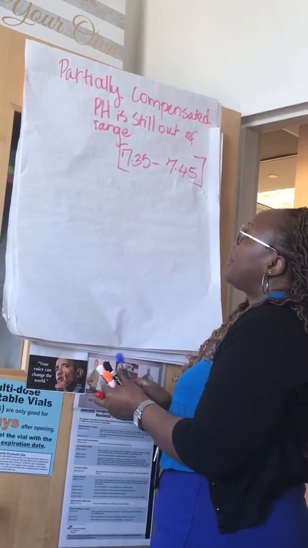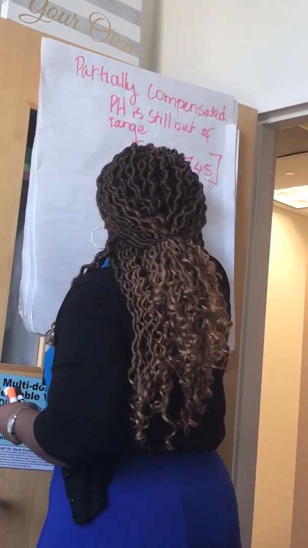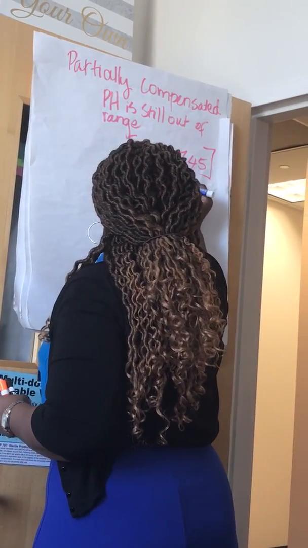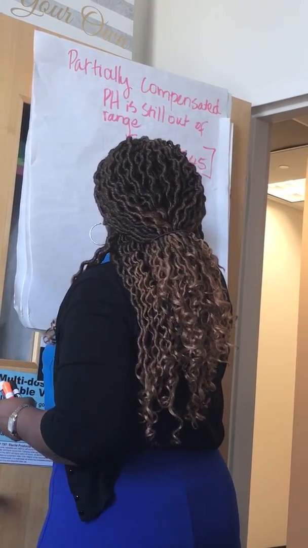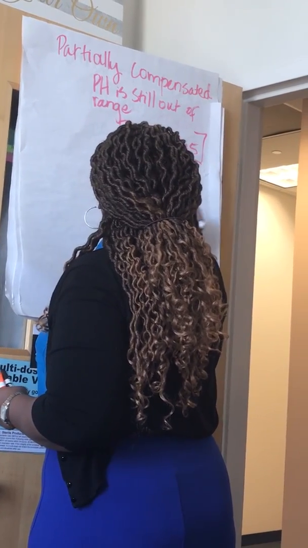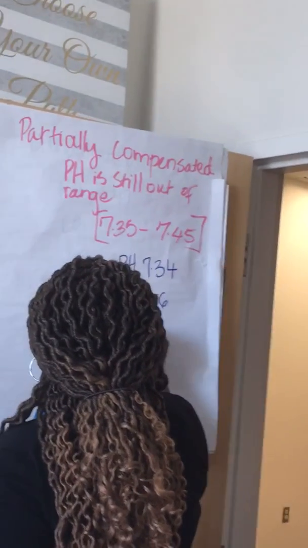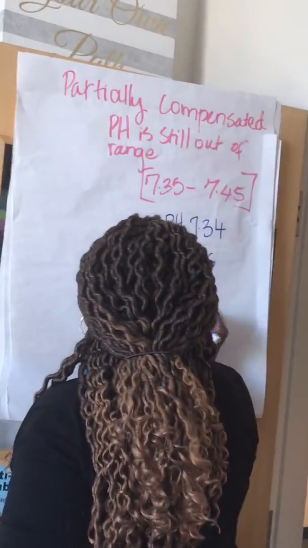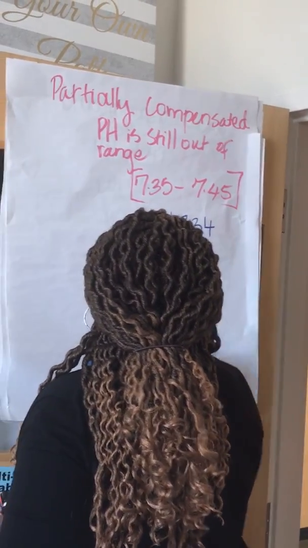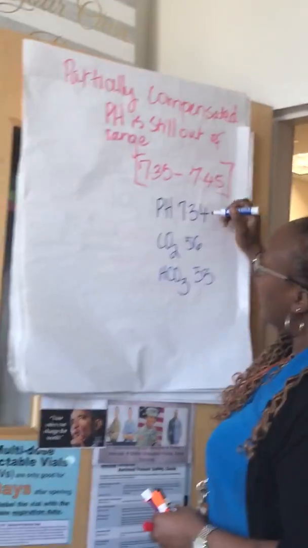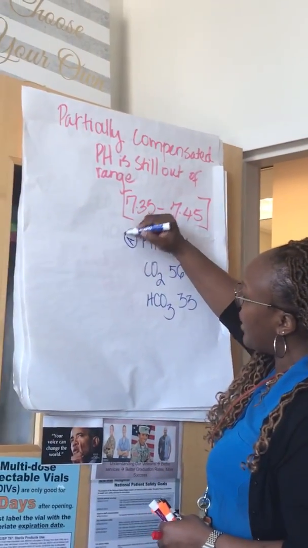So for example, if we have a pH of 7.34, we have a CO2 of 56 and a bicarbonate of 33, we know that this is a little low, so it's going to be an acidic problem.